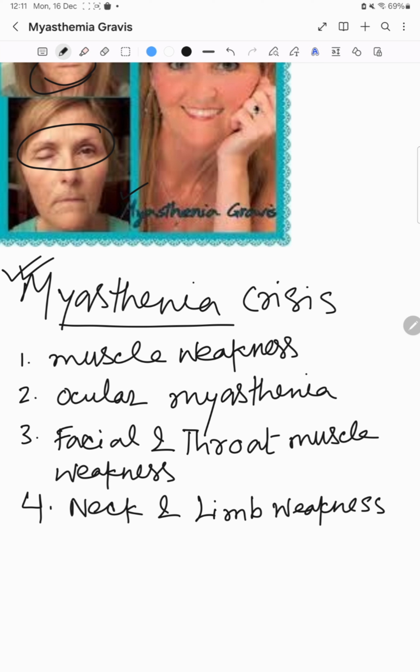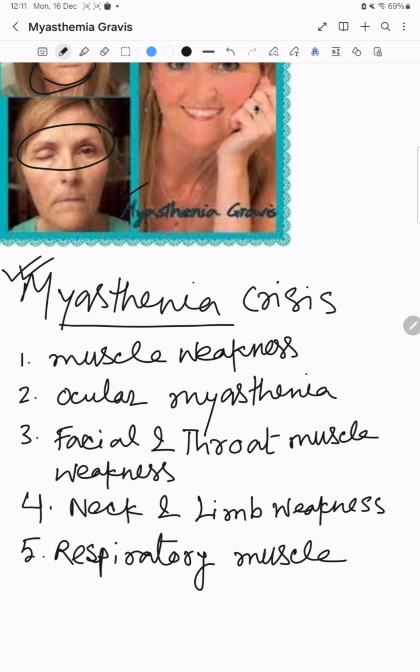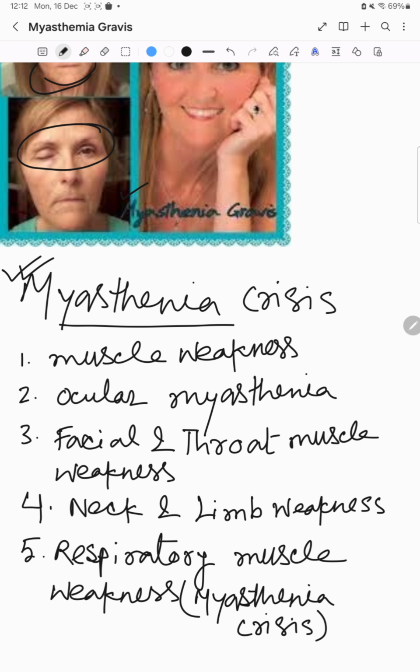And fifth is respiratory muscle weakness, which means a severe case, and it's myasthenic crisis. So these are the signs and symptoms of myasthenia gravis.